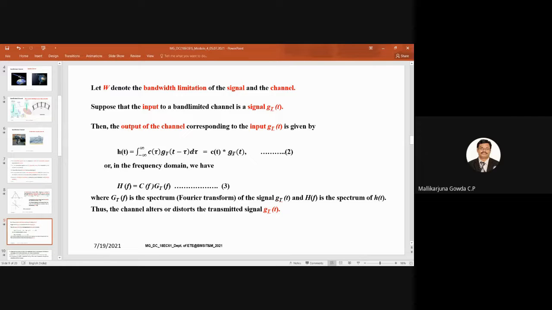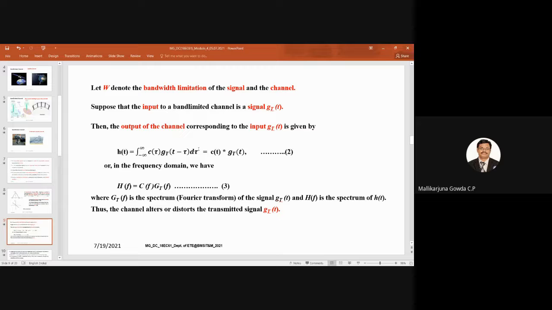In integral form, if I denote the output of the channel as h of t, I can write h of t as the integral from minus infinity to infinity of C of tau g_T of t minus tau d tau. You all know the convolution integral formula, so I am just writing that.